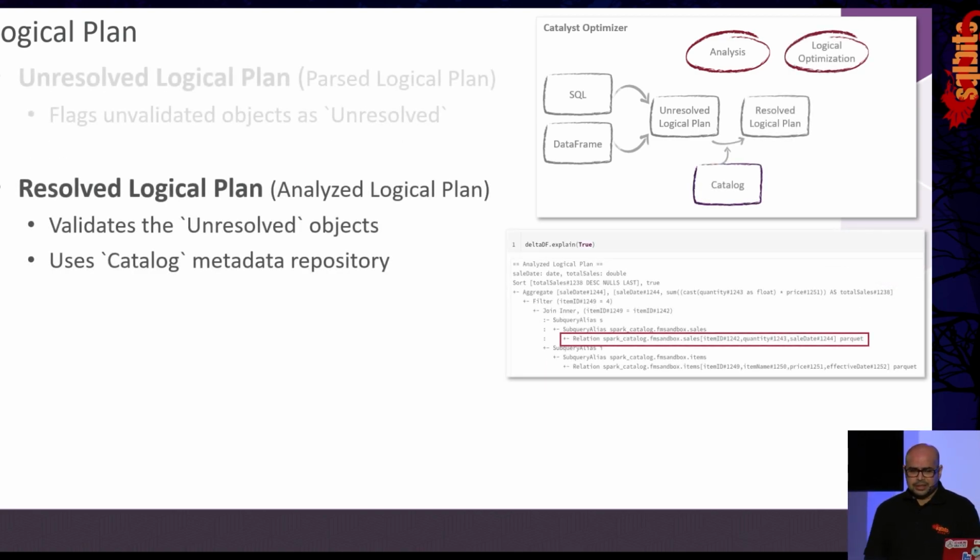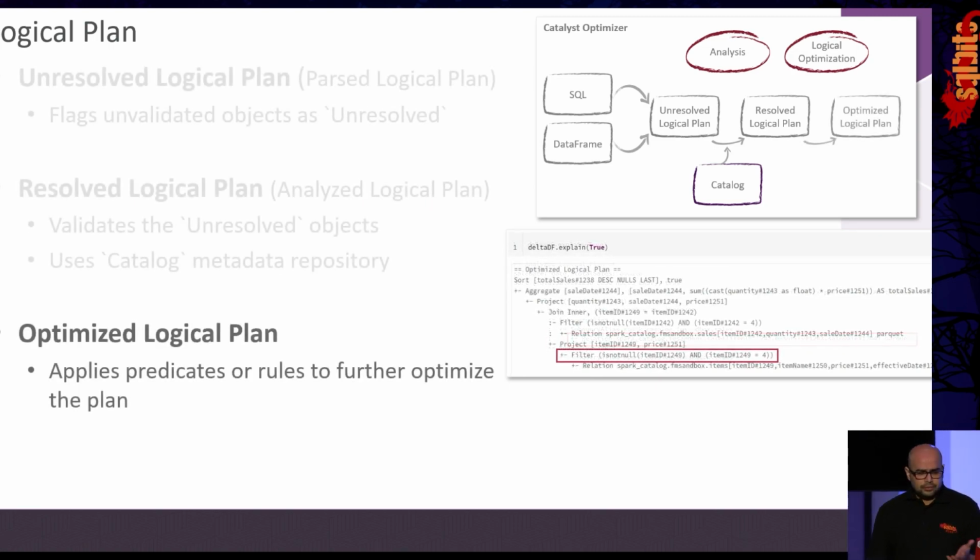Then it will go and try to resolve that, the analyzed logical plan, and it will try to resolve these attributes and relationships by using the catalog metadata repository. This is the Spark metadata that is captured. All your data frames, all your tables, anything that you're running is stored inside your metadata, and it's going to use that.